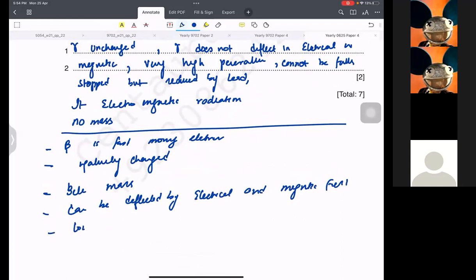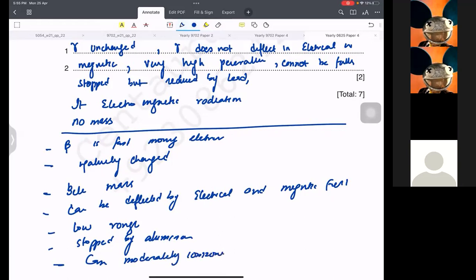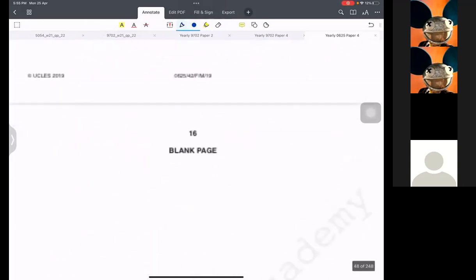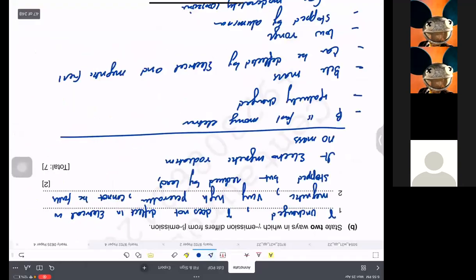It has low range. It is stopped by aluminum. What else? It can ionize. Moderately ionize as well. So things like this. So you can write anything you like. Okay. For 2 marks. And I guess that would be it. Yay. Tell me. Do you have any questions now?